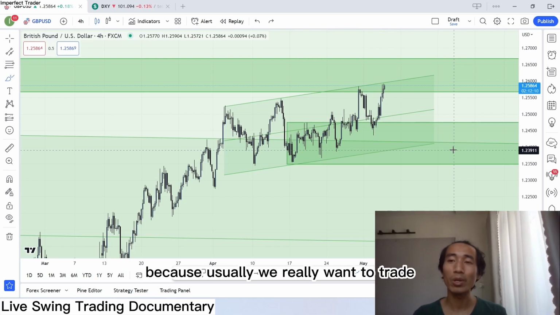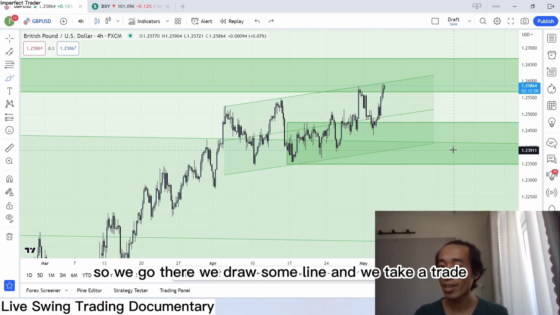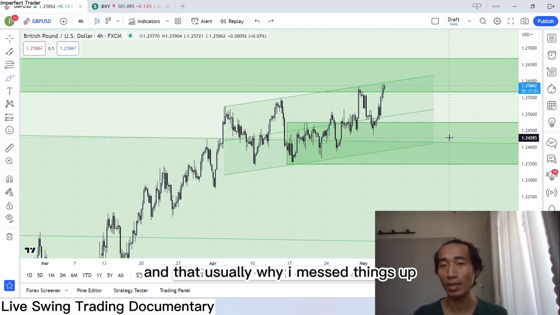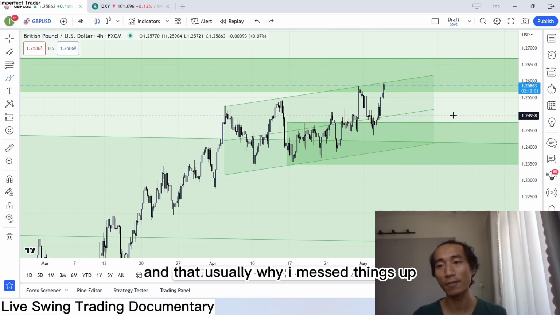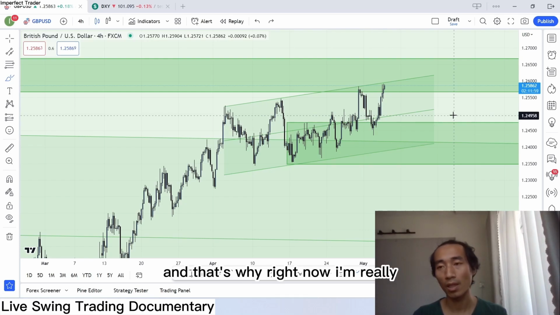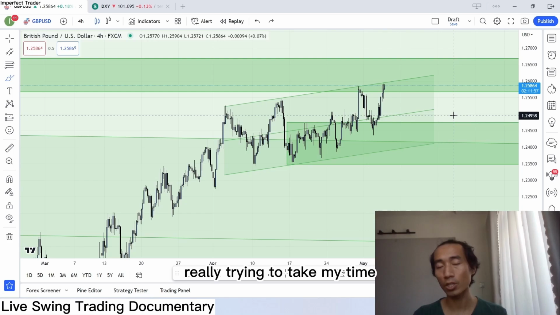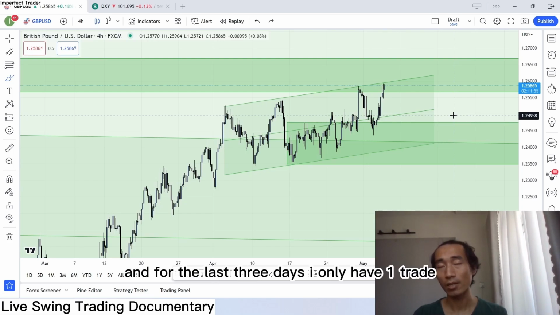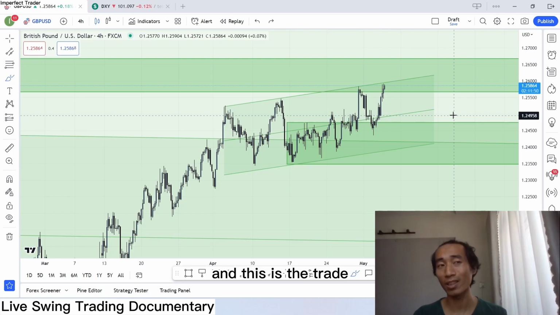Because usually we really want to trade, so we go there, we draw some buy, and we take a trade. And that's usually why I mess up. That's why right now I'm really trying to take my time. And for the last 3 days, I only have one trade, and this is that trade.